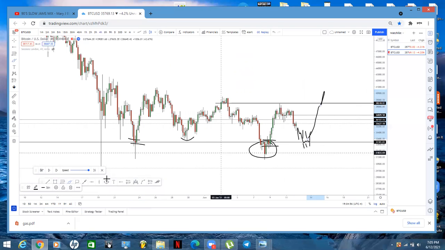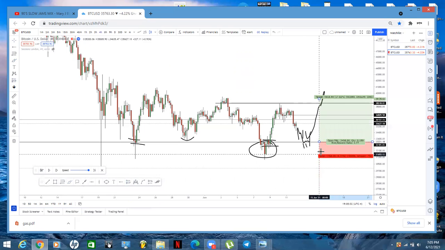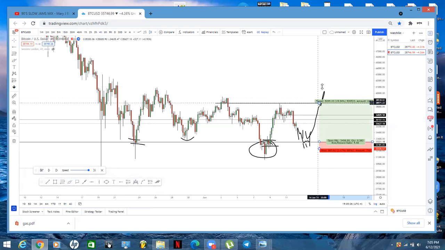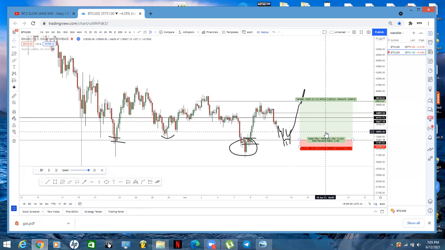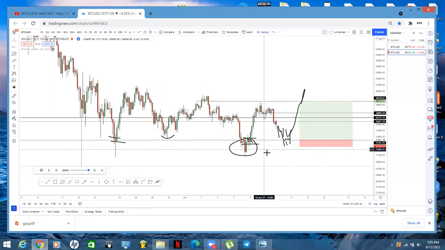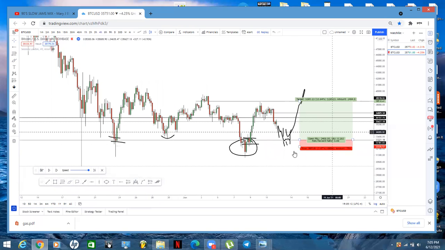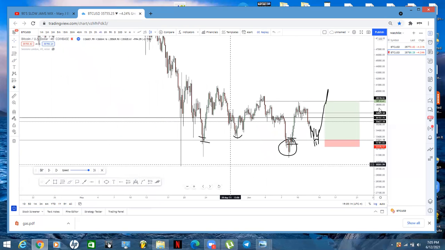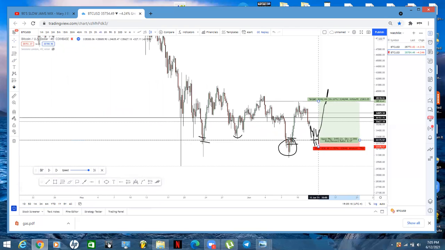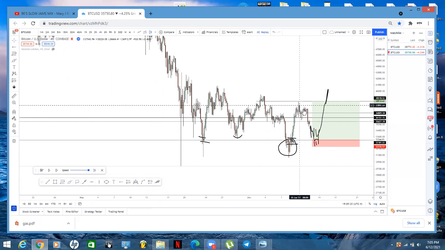All right, and there is a potential 5,000 pip play. So that'll be a good move to start off the week. I will also start building for swings as well, because you can catch that swing if price breaks out of this area right here.